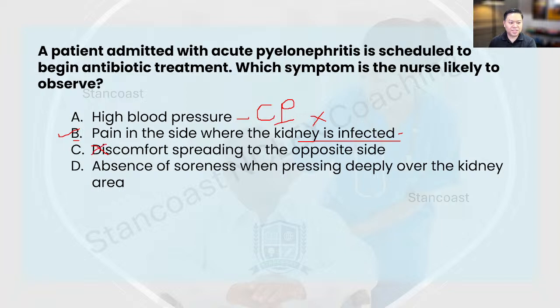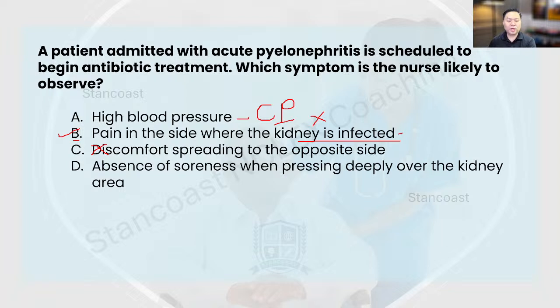What about letter D? Absence of soreness when pressing deeply over the kidney area. Well, let's find out. This is going to be an erroneous answer. Again, the lack of tenderness or the absence of tenderness would be atypical in acute pyelonephritis. It's totally the exact opposite, okay?